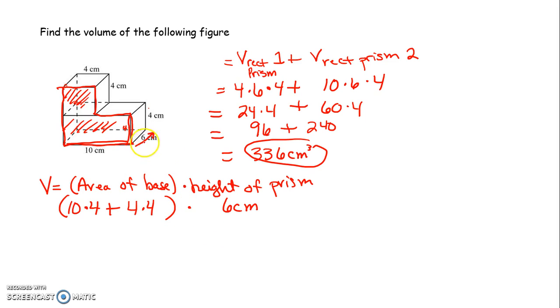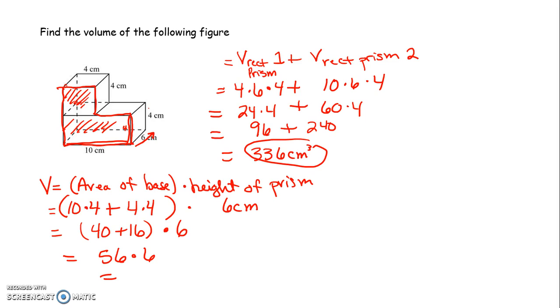And then we'll multiply that answer by the height of the prism, which is 6. 4 times 10 is 40, plus 16. 40 plus 16 is 56. We'll multiply that by 6. 56 times 6 had better be 336.